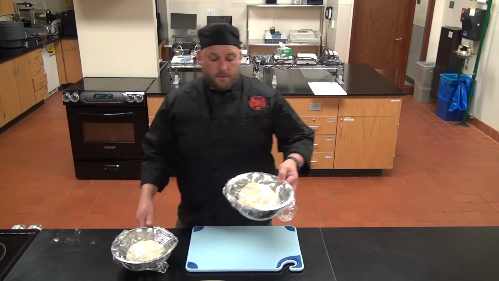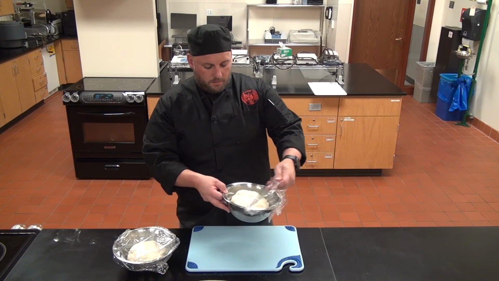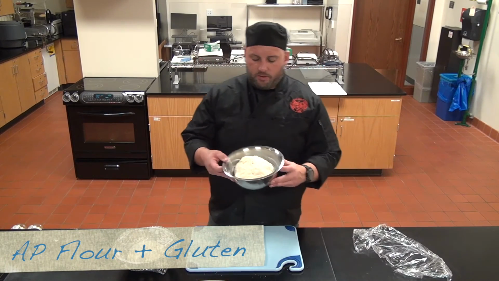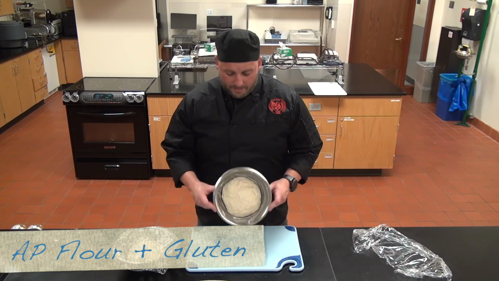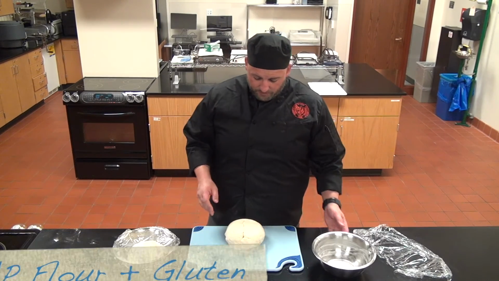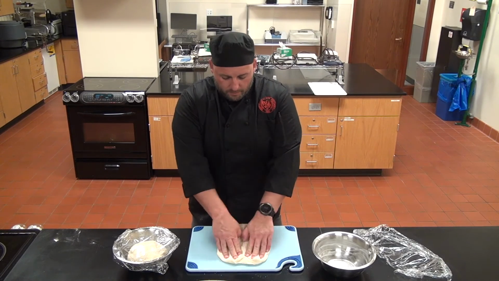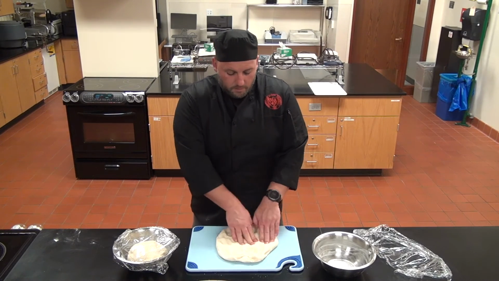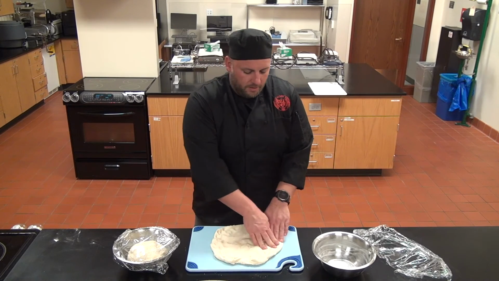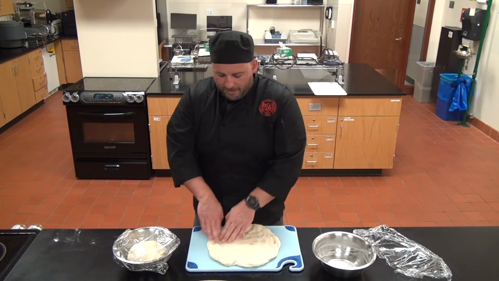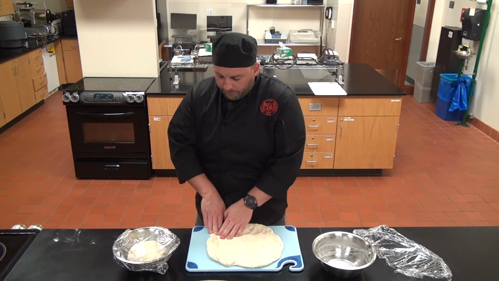So we have the extra gluten flour, or extra gluten added to all-purpose flour. I'd say this just about doubled in size. So what we do is just put it down on the cutting board, and we're just gonna dock it or knock the air out of it so that the yeast can work again.